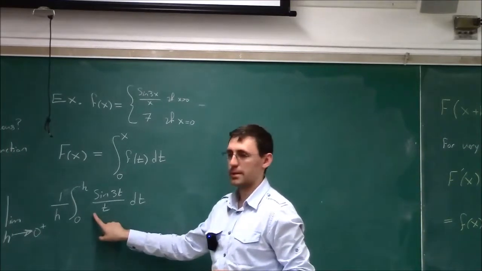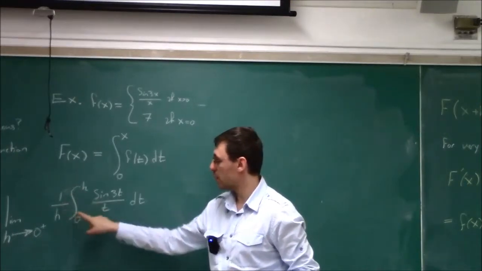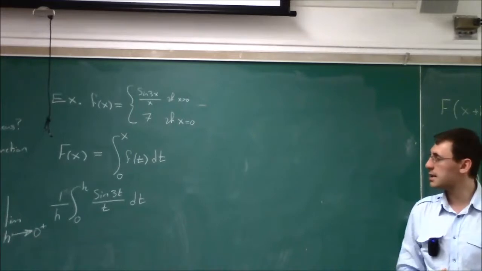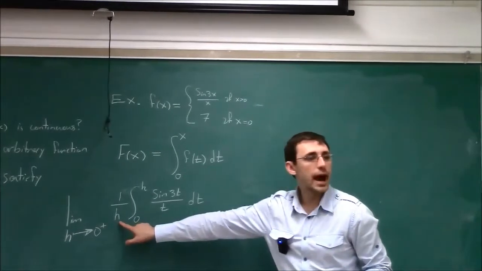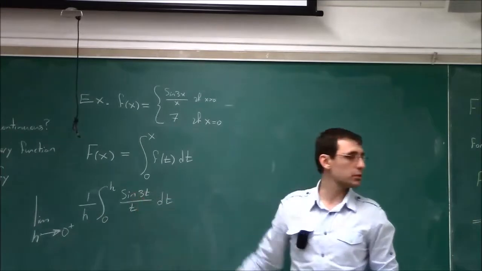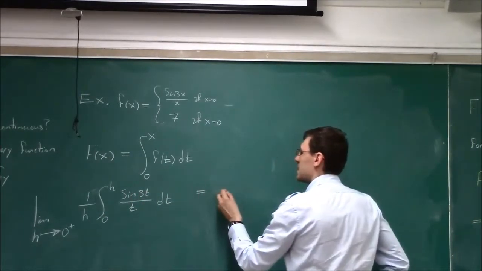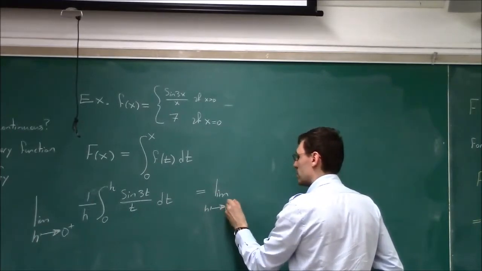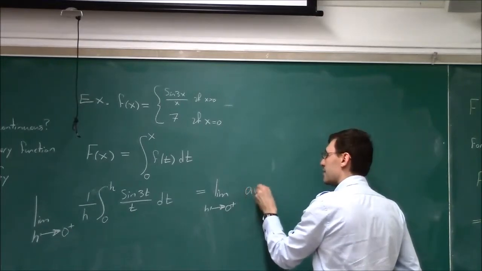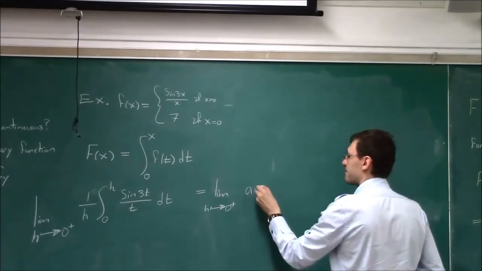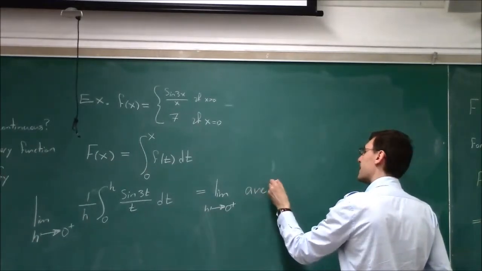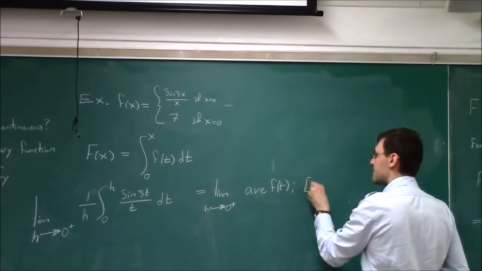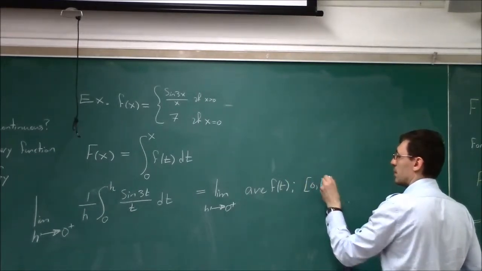So do you recall what this expresses? So we have from 0 to h, 1 over h, sine of 3t over t. So we learned last lecture that this is expressing, without the limit, the average of this function from 0 to h. So what this is, is the limit as h goes to 0 plus of the average height of the function f of t over the interval from 0 to h.